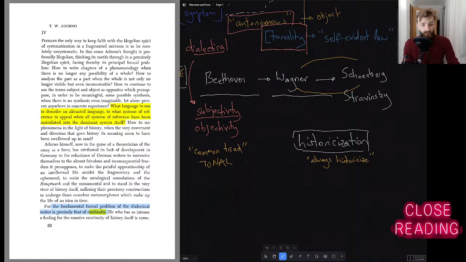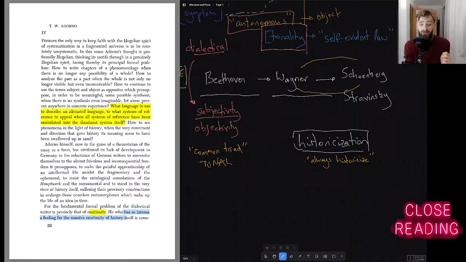The final open question that I want to put on our board here is one of the other fundamental formal problems of the dialectical writer that we haven't yet talked about so much in detail, which Jameson says here on page 50, is precisely that of continuity.